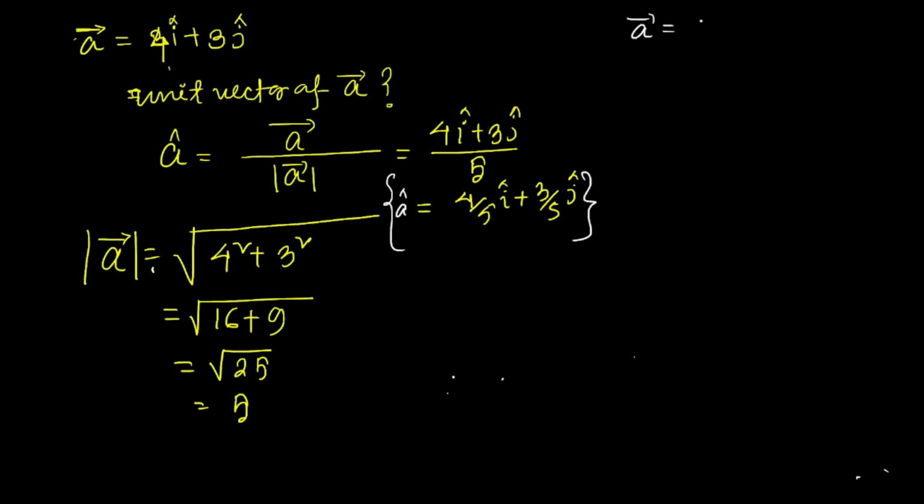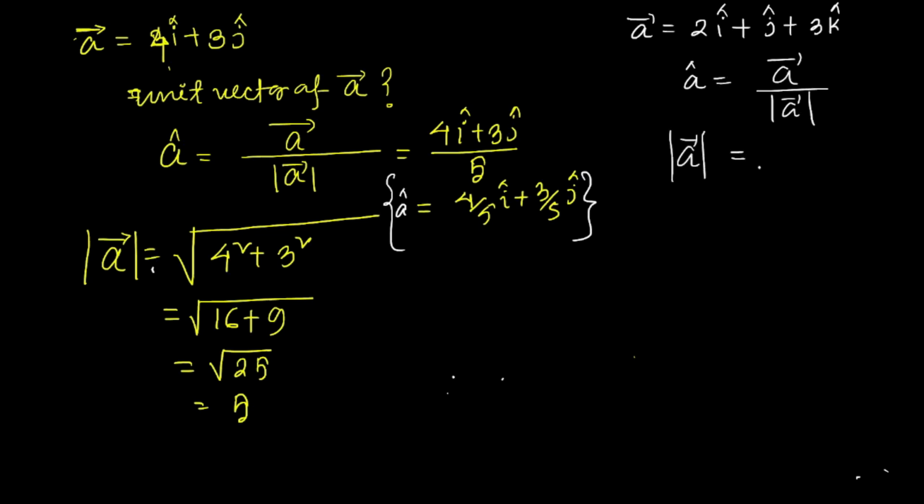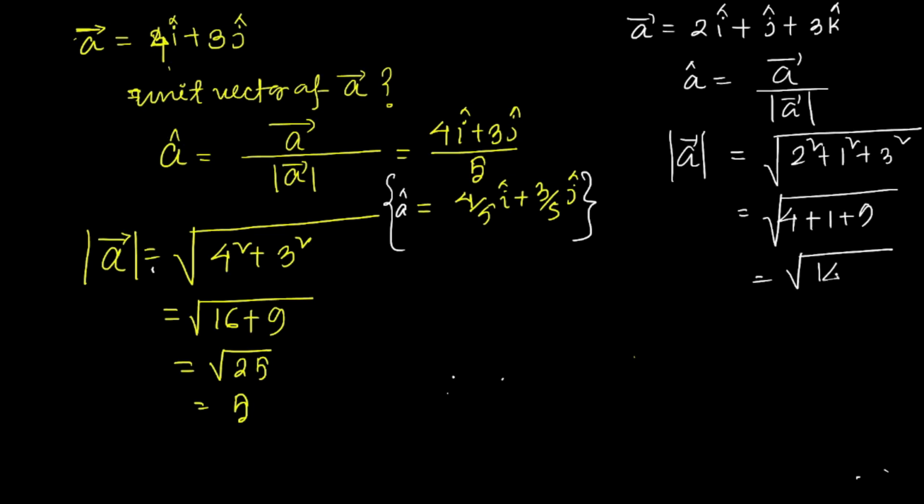Similarly, if we have a vector A in 3D, suppose 2 i cap plus j cap plus 3 k cap, the unit vector of this vector is written as vector A by the magnitude of vector A. What will be the magnitude of this vector in 3D? We know that it is root over 2 square plus 1 square plus 3 square, so it is 4 plus 1 plus 9, which is root over 14.